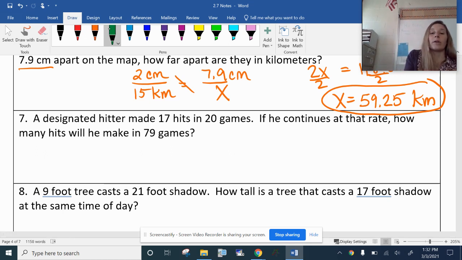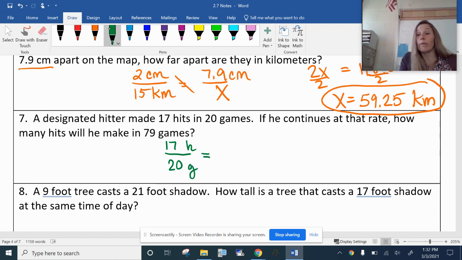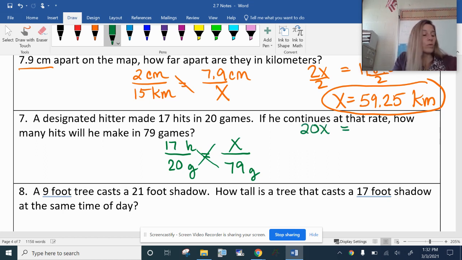A designated hitter made 17 hits in 20 games. If he continues at that rate, how many hits will he make in 79 games? Well, games are on the bottom on the left, so I'm going to put that on the bottom on the right, and that allows me to solve for that number of hits. So 20x equals 17 times 79, which is 1343, divide by the 20.